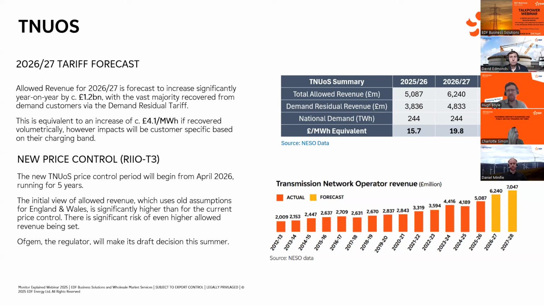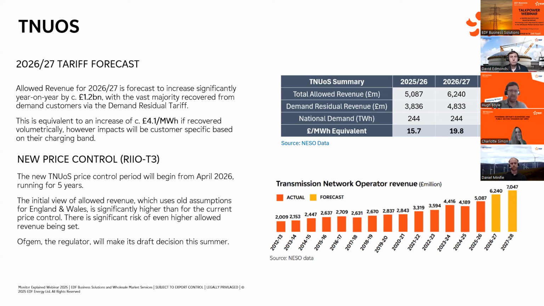So just coming back to that banded pence per day system and how users would actually see this on their bill: all sites for TNUoS charging are sorted into a band dependent on their voltage level, and then sub-bands based on their capacity for larger sites or their annual consumption for smaller sites. You'll pay a pence per site per day equivalent to every other site in your sub-band.